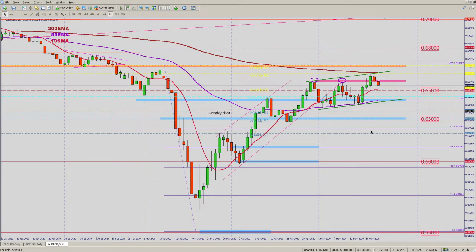So that could impact the Aussie dollar, as well as the COVID-19 pandemic, and whether the containment is seeing its benefits.